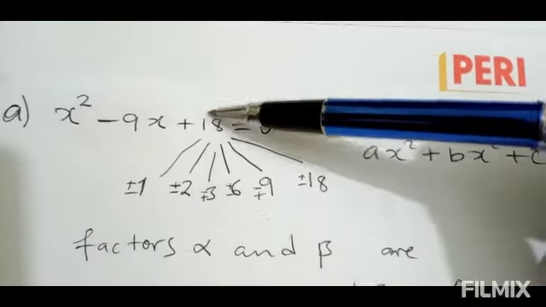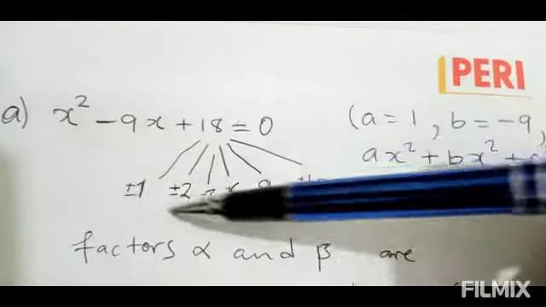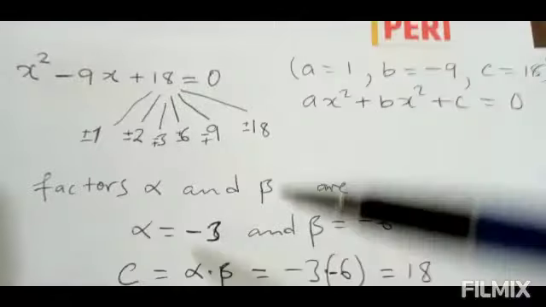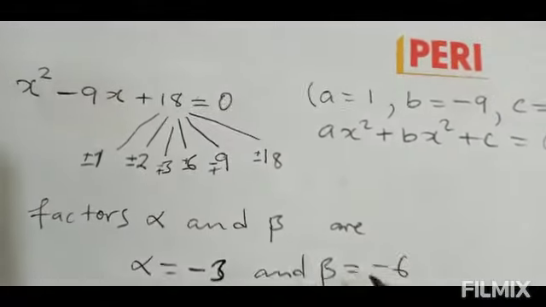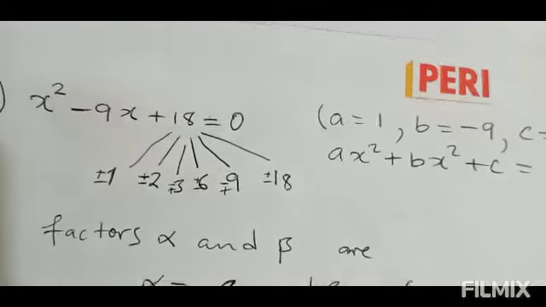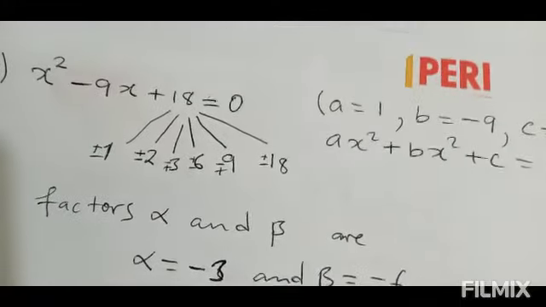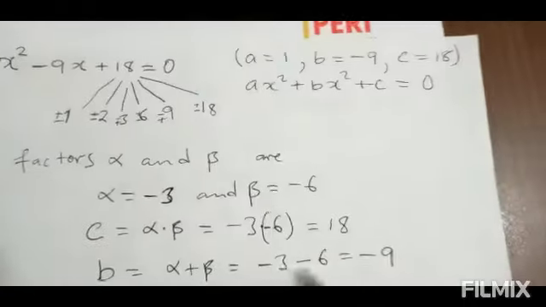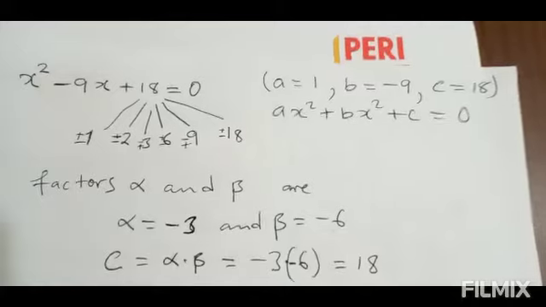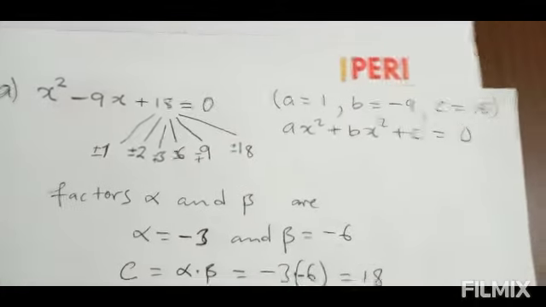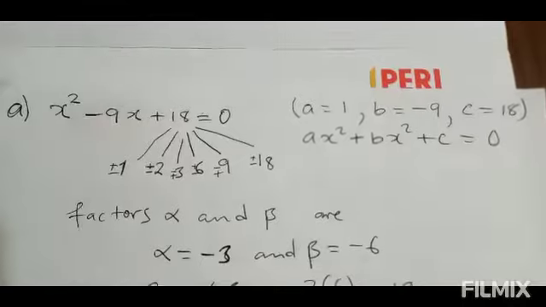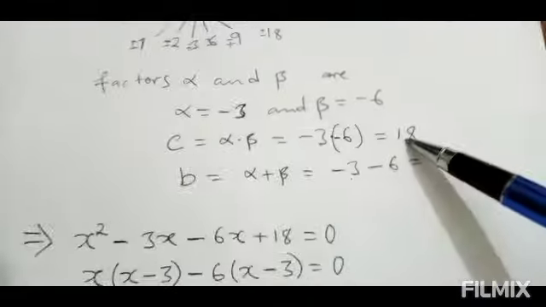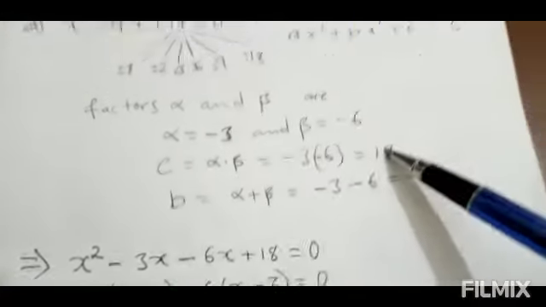When we scrutinize thoroughly, we see that negative 3 and negative 6, when you add them, surely you will get negative 9. And when we multiply negative 6 and negative 3, surely you will get positive 18, because negative and negative gives you a positive.